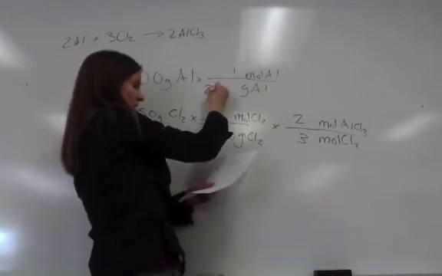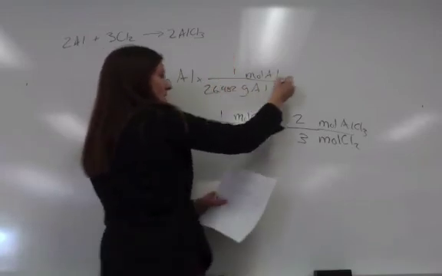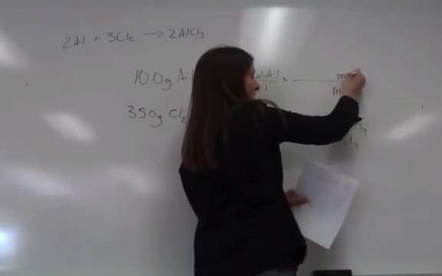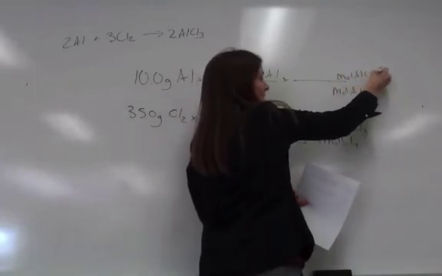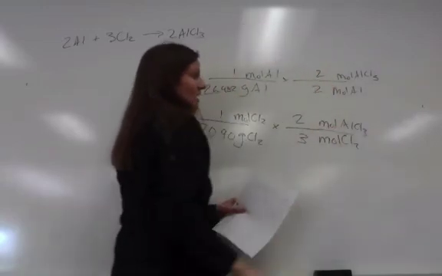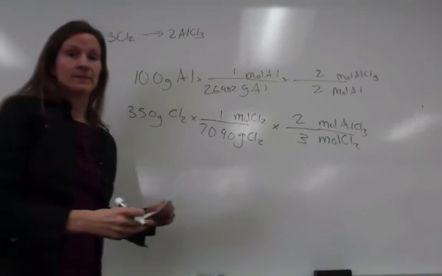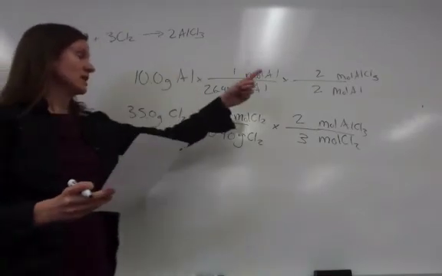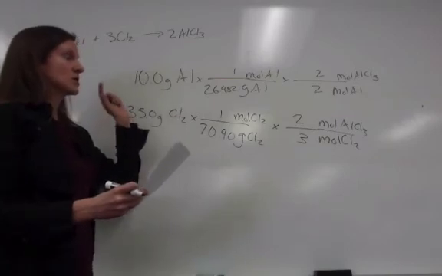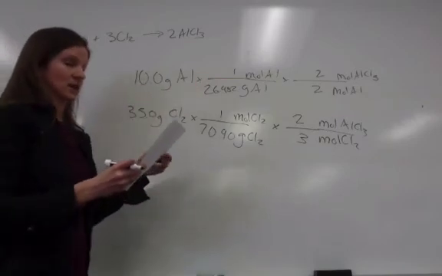So this is the molar mass of aluminum. And then I go from moles of aluminum to moles of aluminum chloride using, again, my coefficients from my chemical reaction. I fill those in. Now, if you do this on your calculator, what you're going to get is 2 amounts of moles produced from these 2 starting amounts.